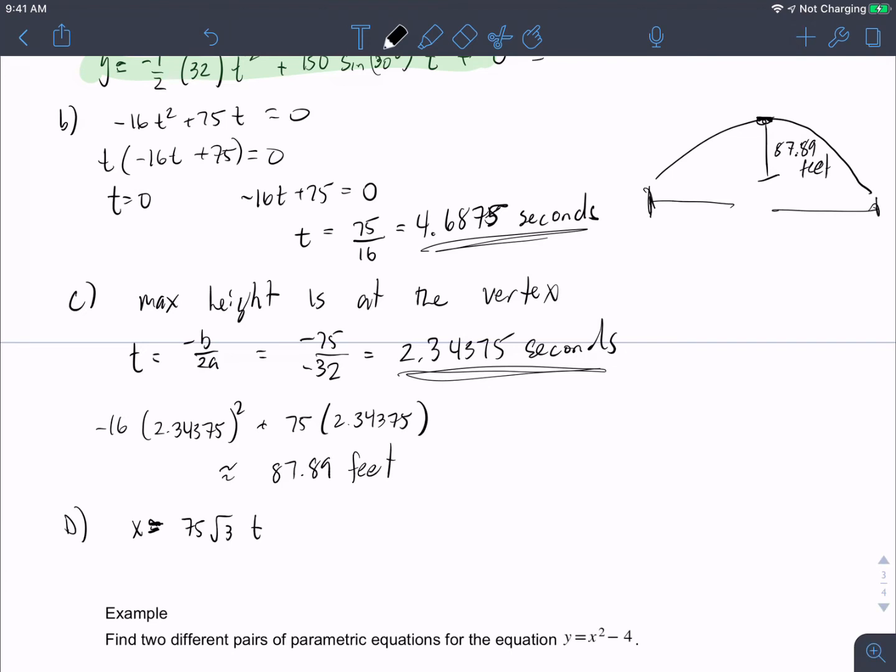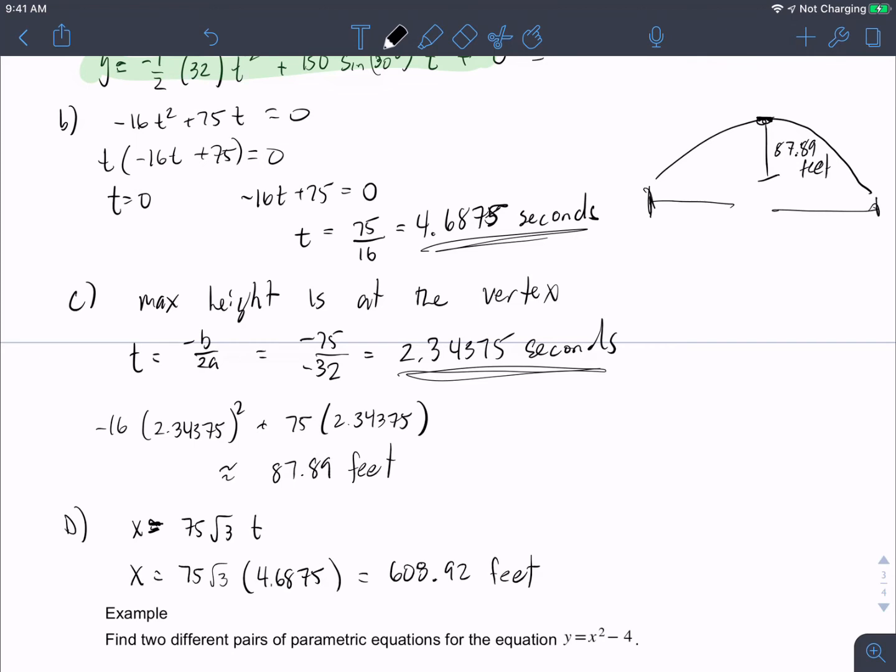And well, that's going to be the total time. So that would be the 4.6875 seconds. And so to get that, it's going to be x is equal to 75 radical 3 times 4.6875, and that will yield 608.92 feet.